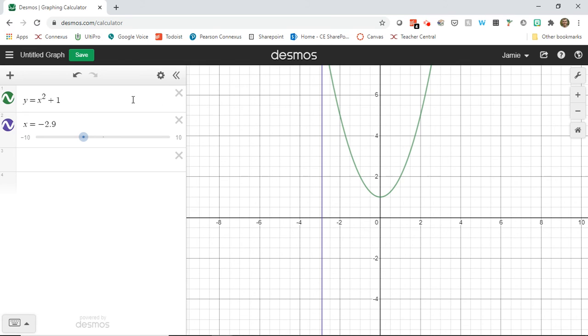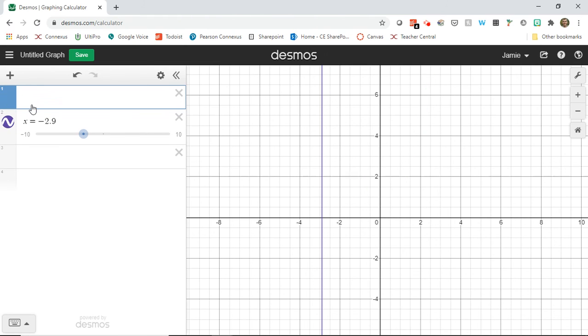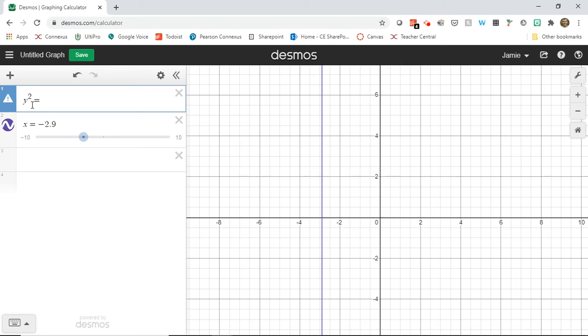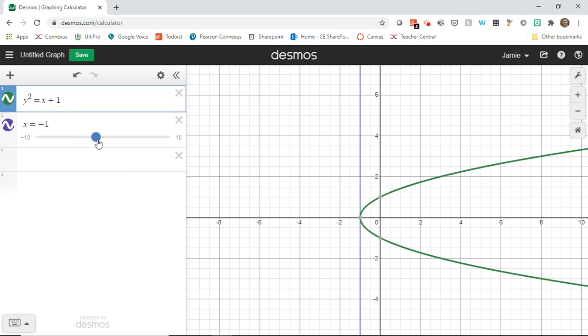Now with our second equation, that one was y squared equals x plus 1. Well, look what happens now when we drag this across.